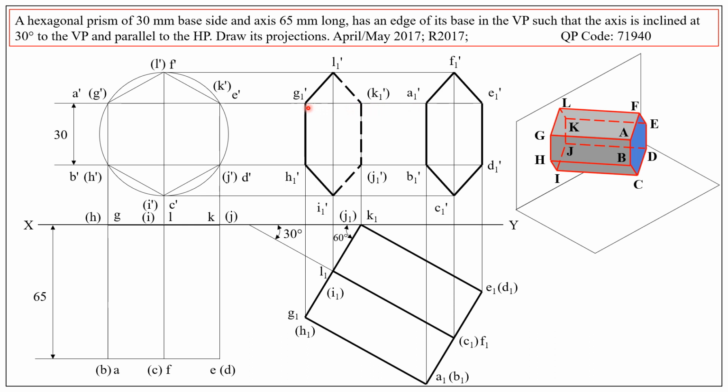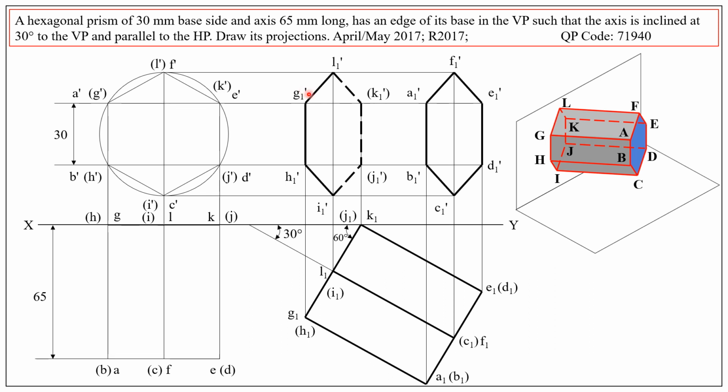So we need to draw a line connecting A1 dash and G1 dash. Before that, we need to decide whether it is a continuous line or a discontinuous line. So follow that procedure. A1 dash visible, G1 dash visible, therefore continuous line.